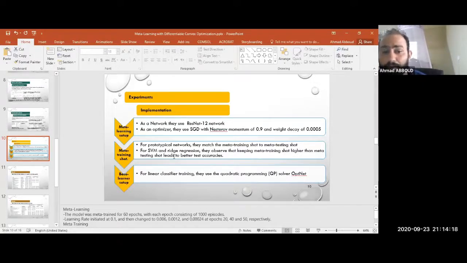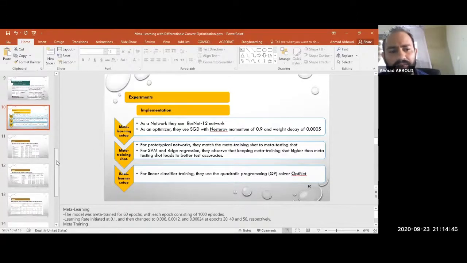For the base learner, as we said, they use a linear classifier and a quadratic programming solver to solve the optimization. So those are the setups of the experiment.